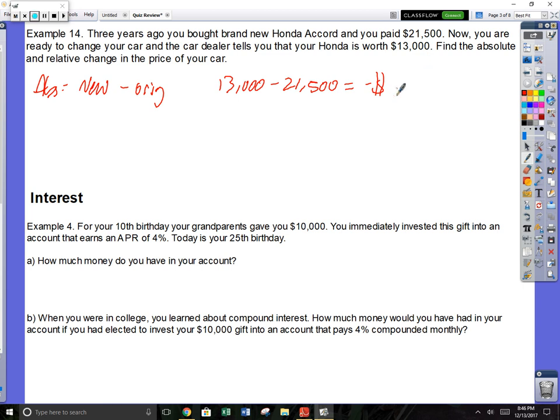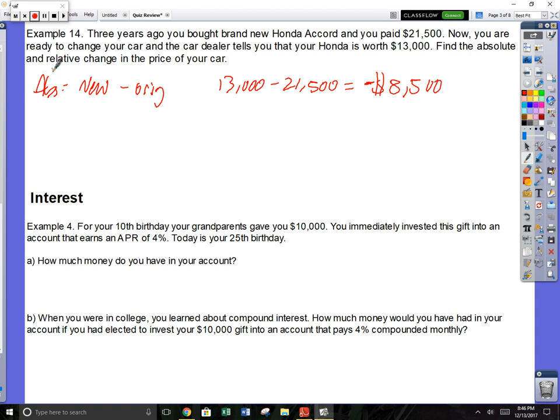And what is it? A negative 8 grand 500. Let's check that. 21.5 minus 13. Okay, so negative indicates that you lost, it's going down.